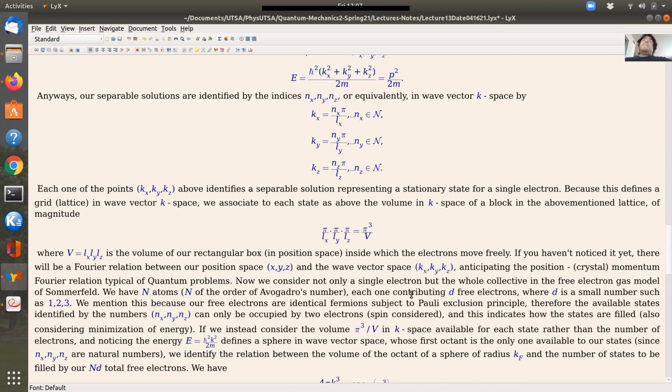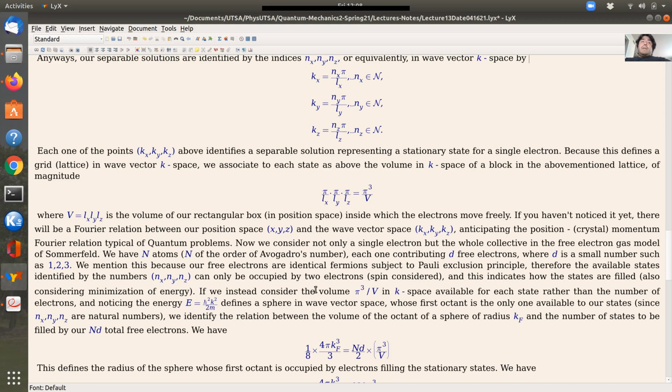So far, because we have free particles or free electrons inside the box, and the only force that they feel is the one at the boundaries, we have considered the problem as if we had a single electron. It won't make too much difference when we consider many electrons, because we have discarded the interactions between themselves. So we only need to basically add them, right, to consider the collective of electrons.